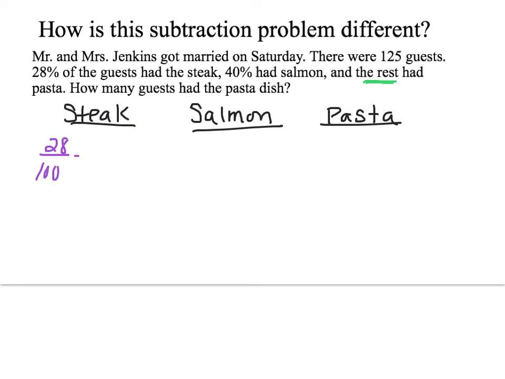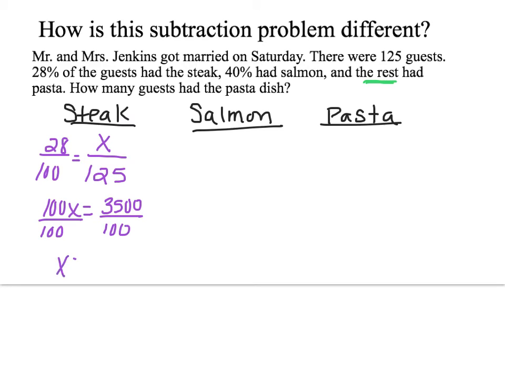So it's going to be 28 over 100 equals x, I don't know the number, and there were 125 guests. So I'm going to cross multiply. I get 100x equals 3,500. Divide both sides by 100, and I get x equals 35. So 35 guests had the steak.